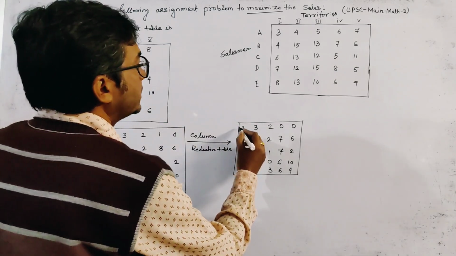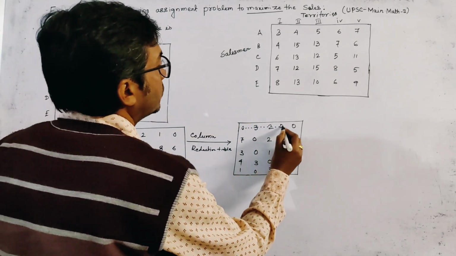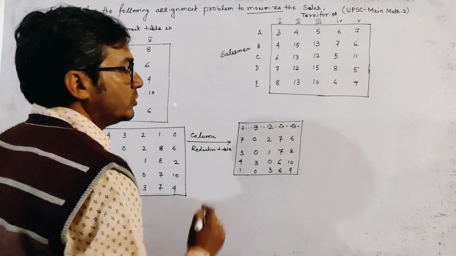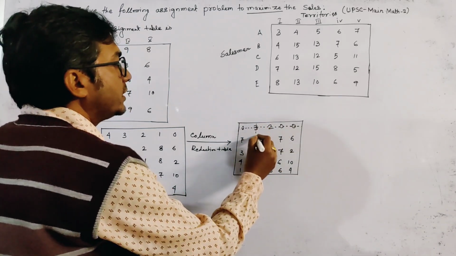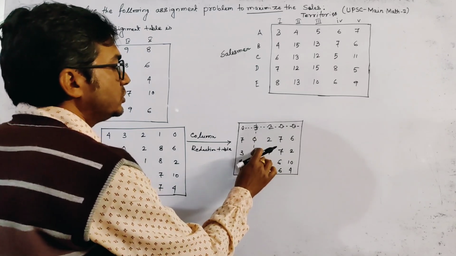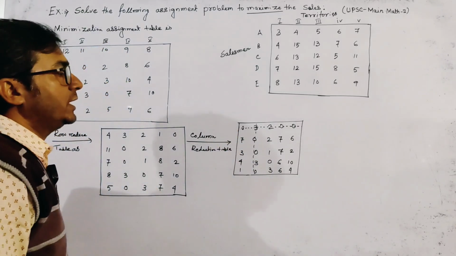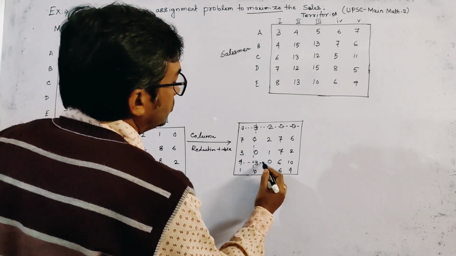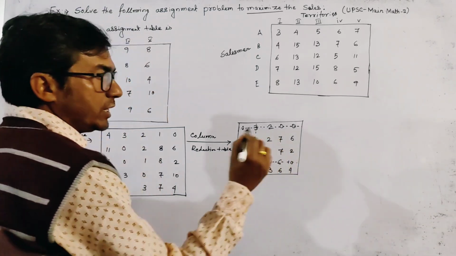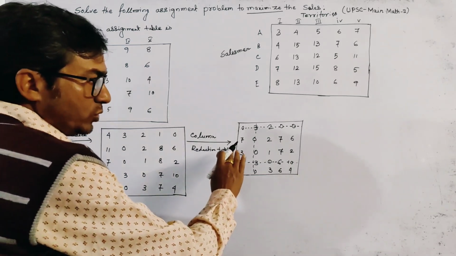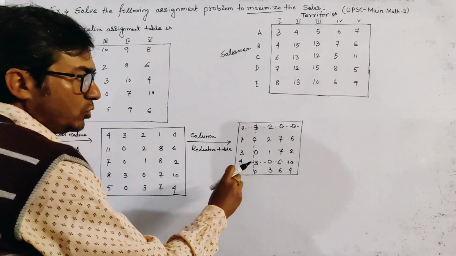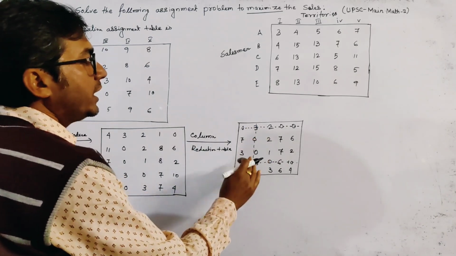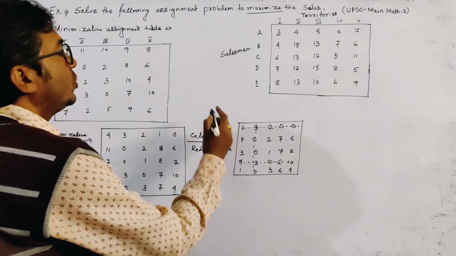We draw first in the first row a dotted line to cover 3 zeros. Also we draw here, covering the zeros in this column. Also there is a 0 here, and to cover this 0 we draw a dotted line. We see that there is no 0 outside the dotted lines, but our number of dotted lines is 3.